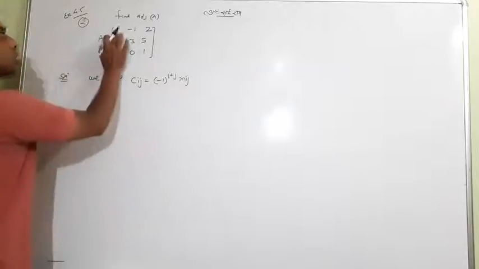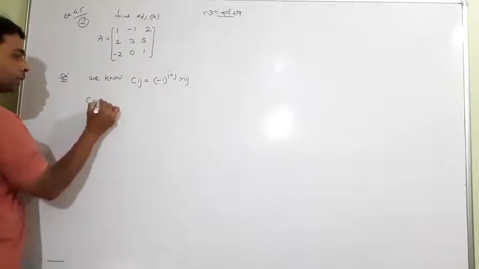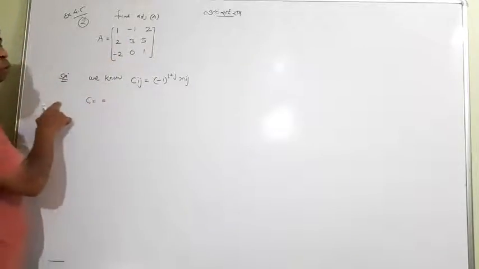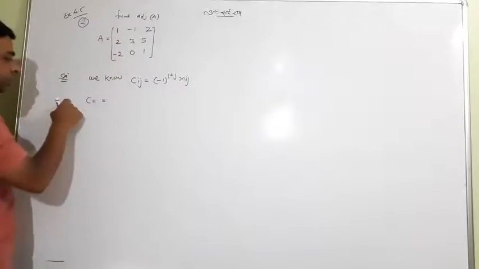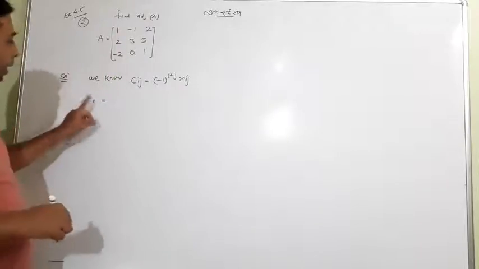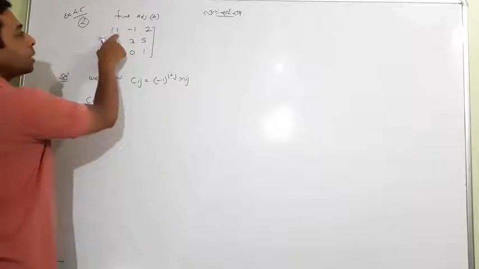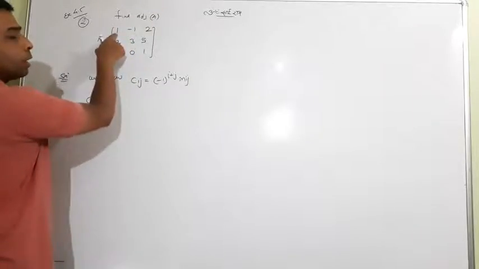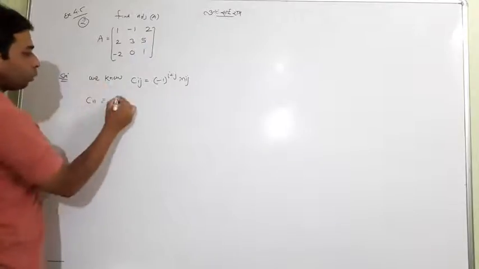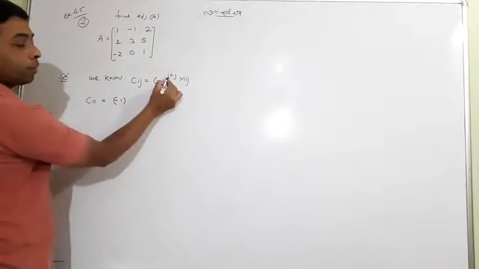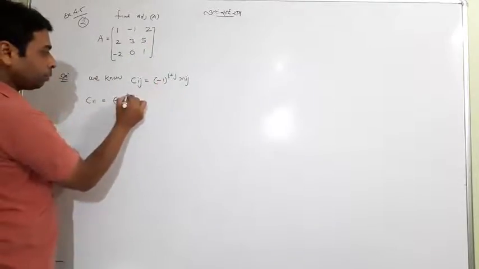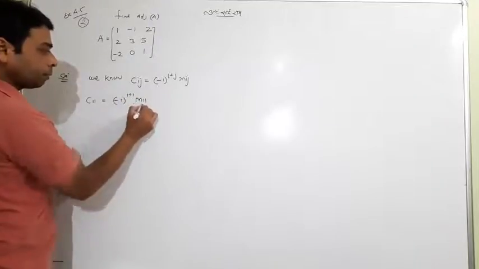Like what? First of all, we will find C11. We need not write here the cofactor of 1. Only write C11. C11 means the element lying in the first row and first column, meaning 1. The cofactor of 1, C11, is equal to minus 1 to the power 1 plus 1, M11.